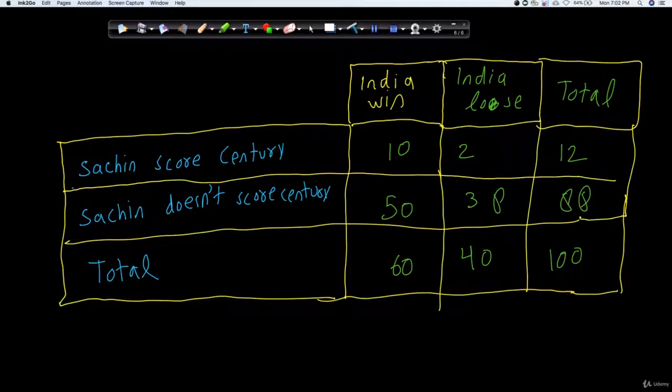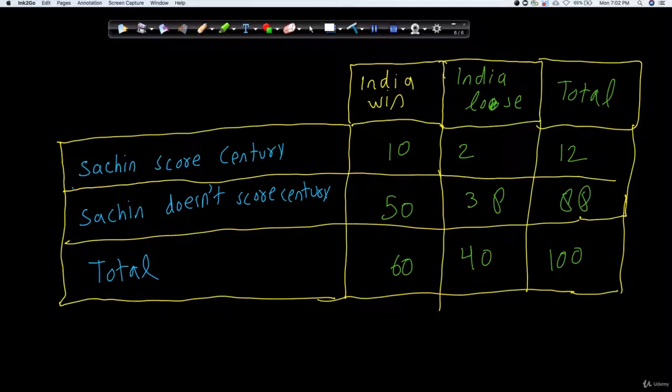I'm pretty sure people from India will be very excited to infer this kind of answer, that given that Sachin is going to hit a century, what is the probability that India is going to win the match? Now, if you look at this data, we have a few things to look at.